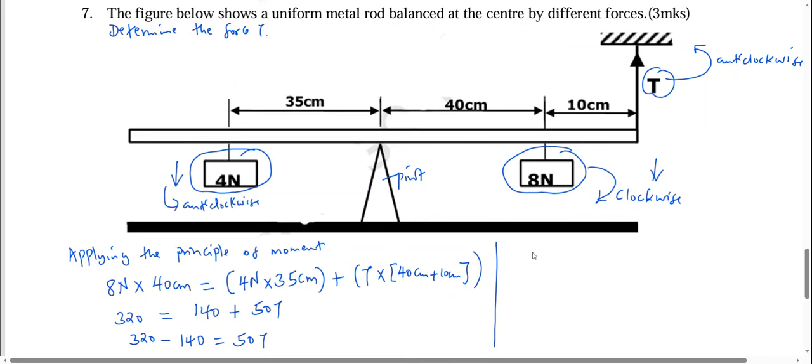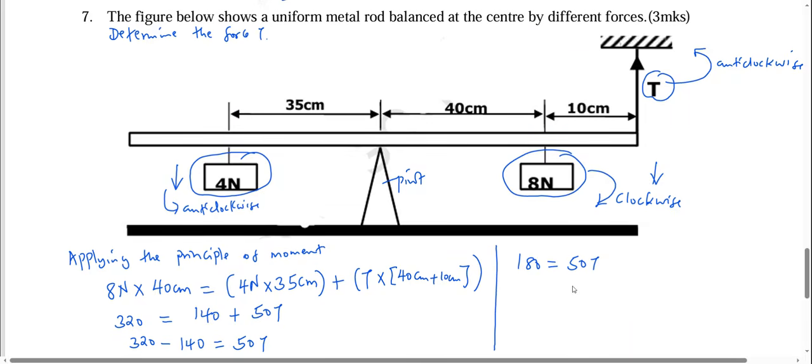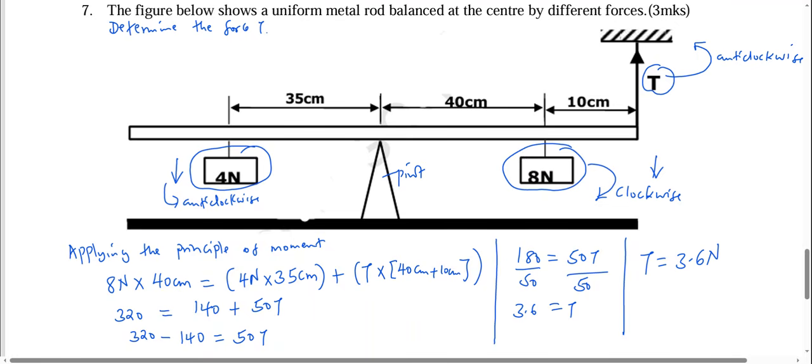After subtraction I have 180 is equal to 50T. I divide both sides by 50, and this gives me 3.6 as T. Now since it's a force, it will be 3.6 Newton, as the final answer for this question.